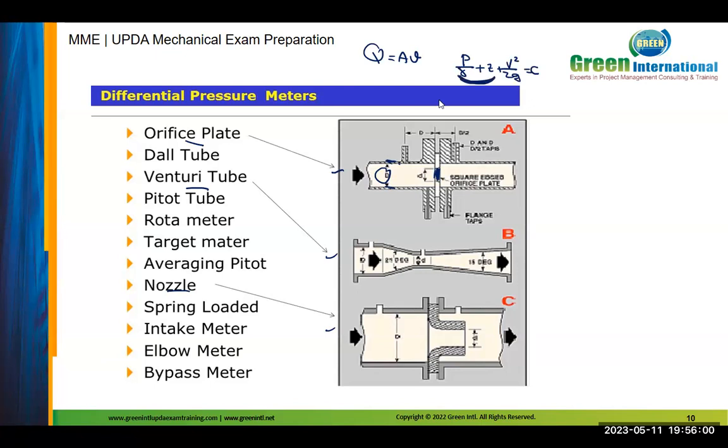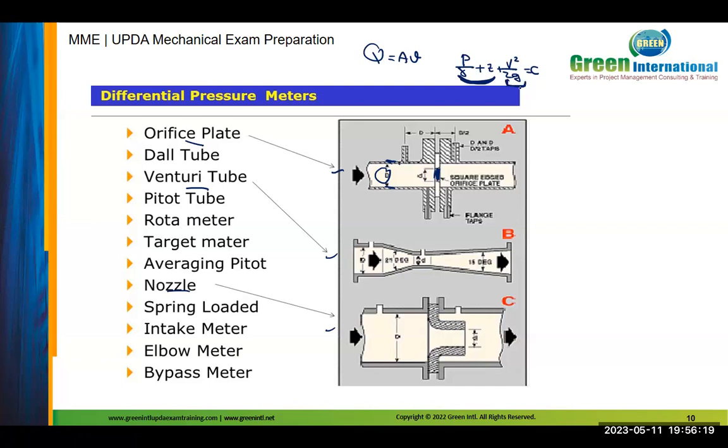If the velocity term, the dynamic part, changes, the first part also changes in the opposite way, because both at the end are equal to a constant.